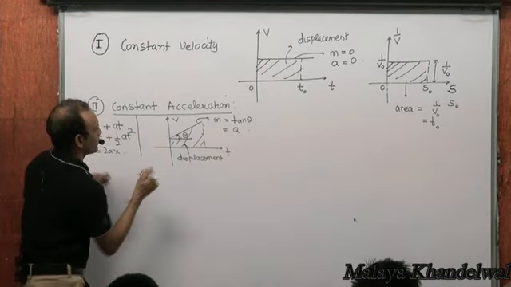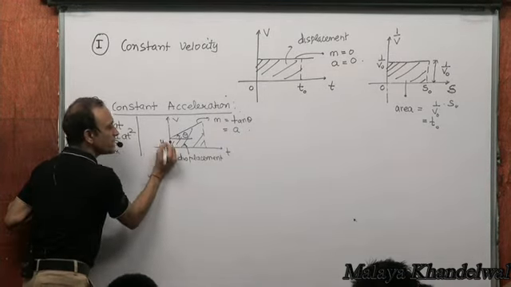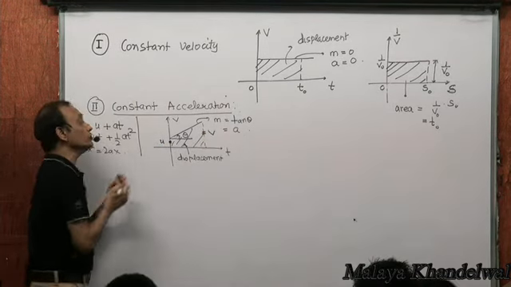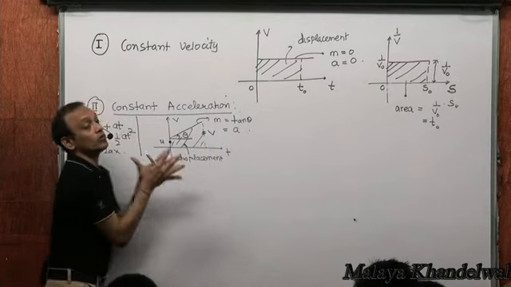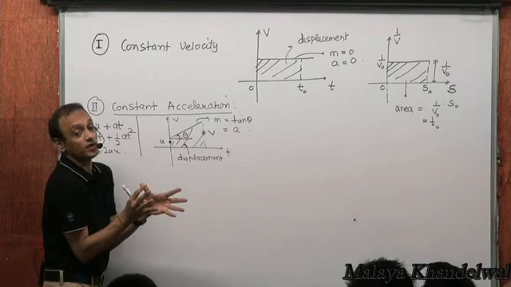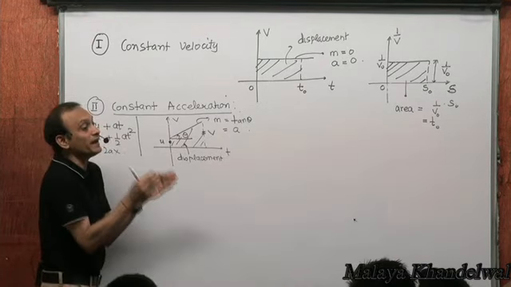Also in a given interval, if u was the velocity at the beginning of the interval and v the velocity at the end of the interval, then I told you that u plus v by 2 will also measure the average velocity. But the fundamental definition of average velocity is total displacement by total time.